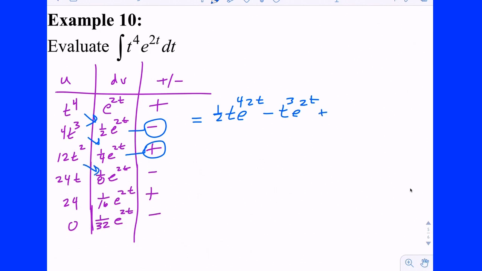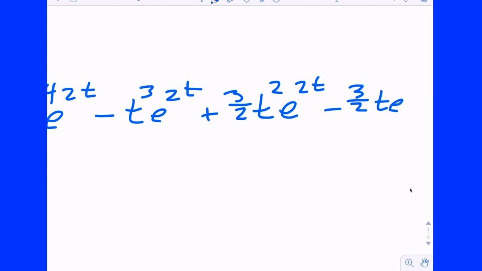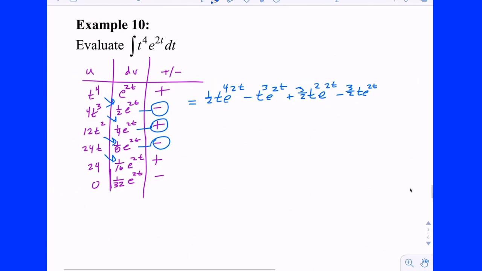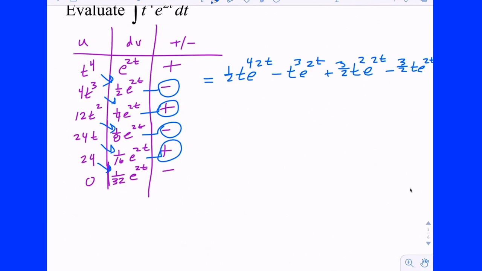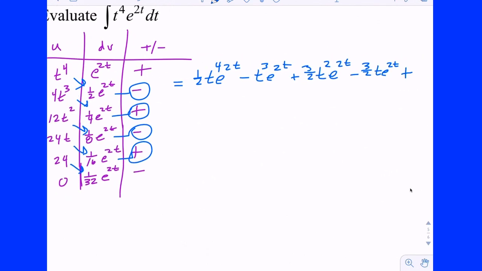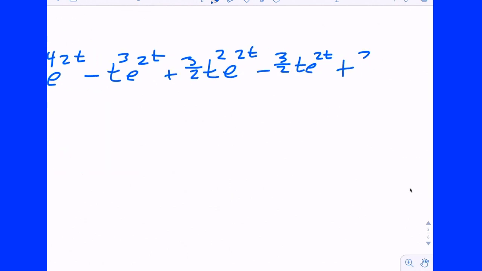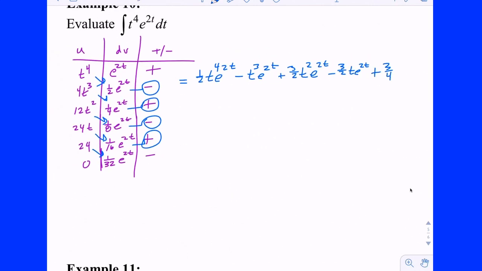The next product, 12/8, becomes 3/2 t squared e to the 2t. Pick up the sign of the next term, which is minus. The product, 24/16, is going to be another 3/2 t e to the 2t. Pick up the next sign, it's plus. The next product is 24/32, which is 3/4 e to the 2t.